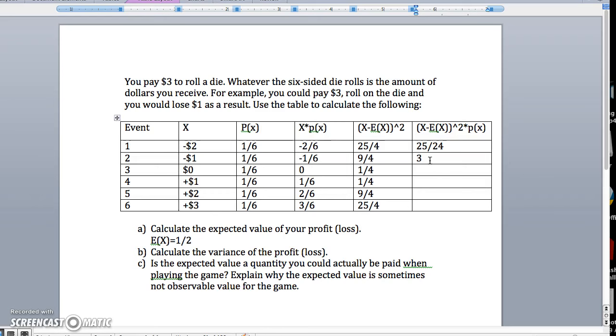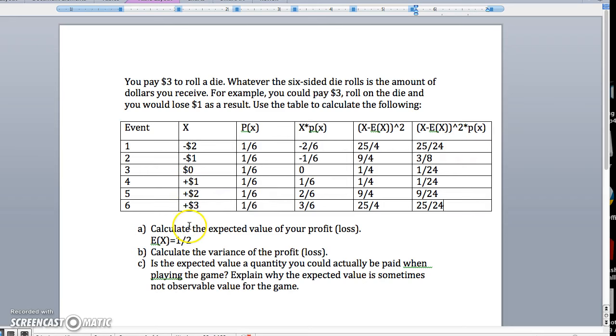Row 2 would be 3 over 8. This would be 1 over 24. 1 over 24 again. 9 out of 24. And lastly, 25 out of 24. And there we go. Our whole table is filled out and ready to go.